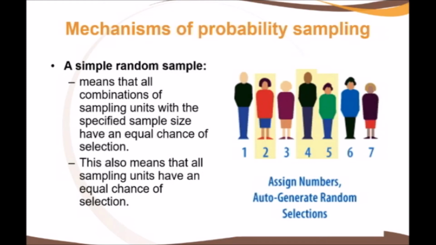That is your population. For example, you have a population of 7 people. You allocate each of them a number. You write those numbers on small pieces of paper. As we do raffles, you put them in a hat. Then you draw out 2, you draw out randomly. In this particular case, they drew out 2, 4, and 5. So that is going to form your sample. That's a random sample. That is simple random sampling.